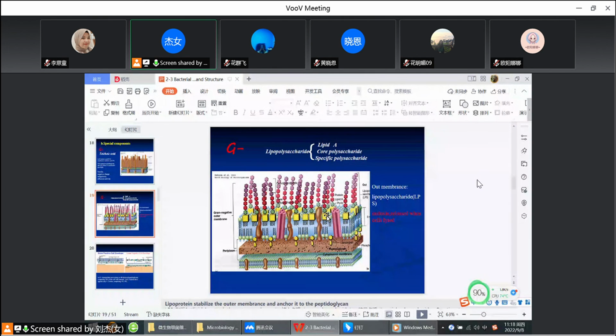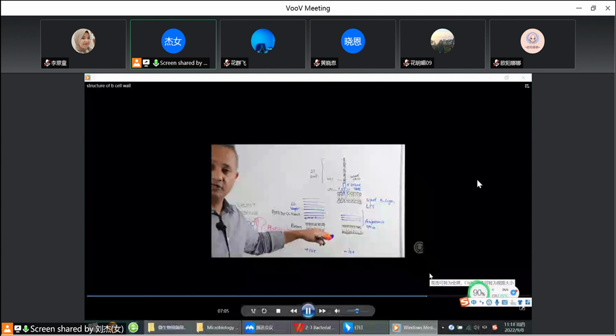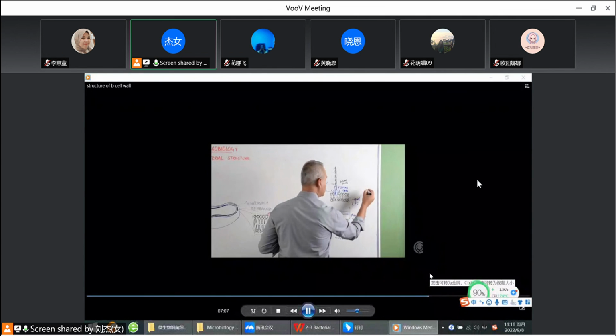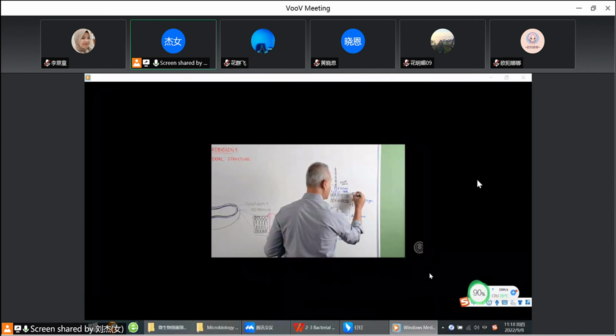Outside of the lipid A is the sugar unit. The lipid A and sugar unit form the LPS. That is the outer membrane. So this is called a lipid bilayer containing lipopolysaccharides. This is called the outer membrane.